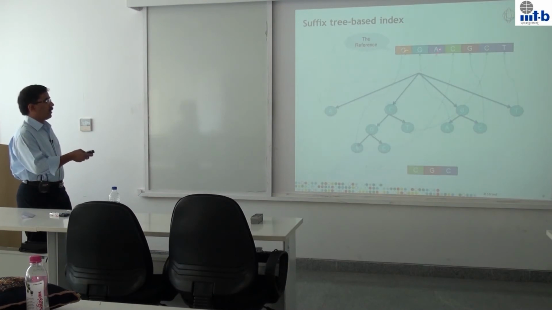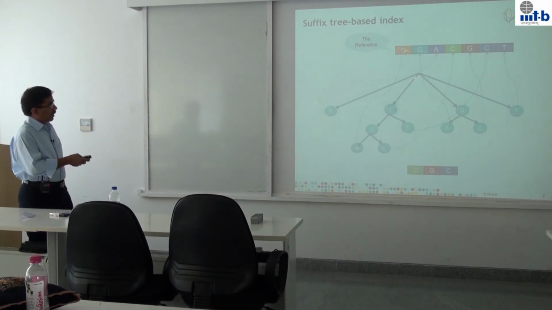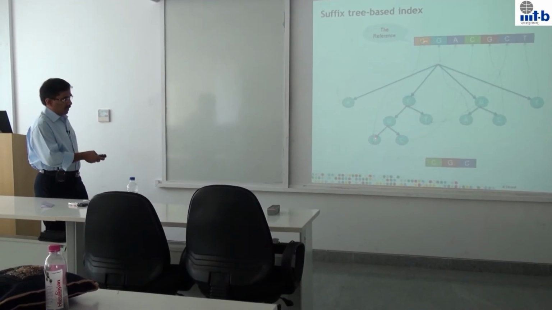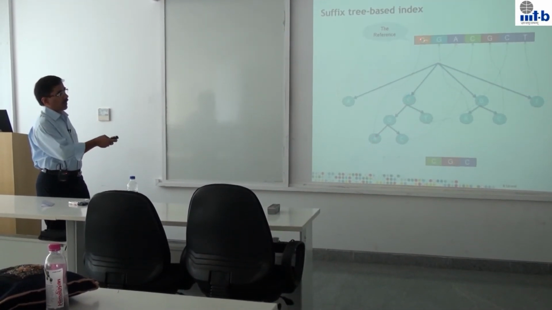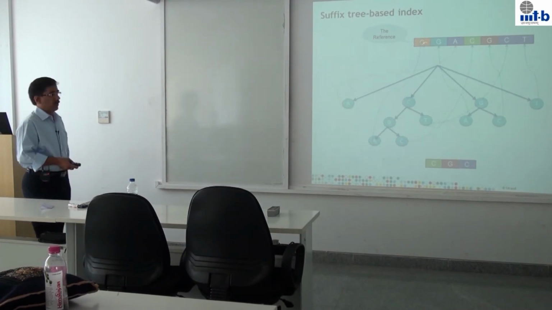If you take A, there's only one A here, so this A is a leaf node and it points to the location where it is present in the sequence. C occurs at multiple locations. So CG is one, and CG here also, and CGA, CGC. Till you get a unique sequence, you develop the tree, and then finally you point it back to the location where that unique sequence is present in the reference.